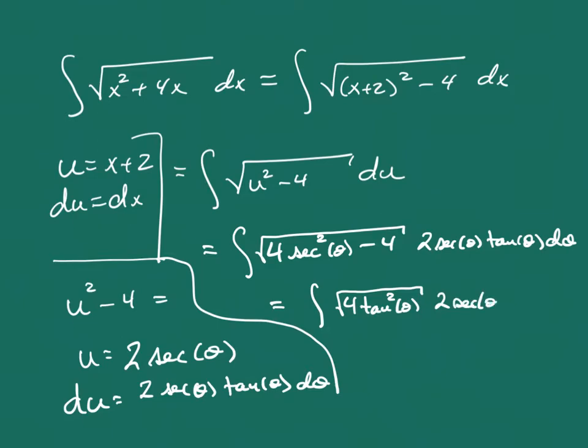Taking the square root of everything, I get a 2 tangent of theta, times 2 secant of theta tangent of theta d theta. So now this gives me an integral of 4 tangent squared theta secant of theta d theta.